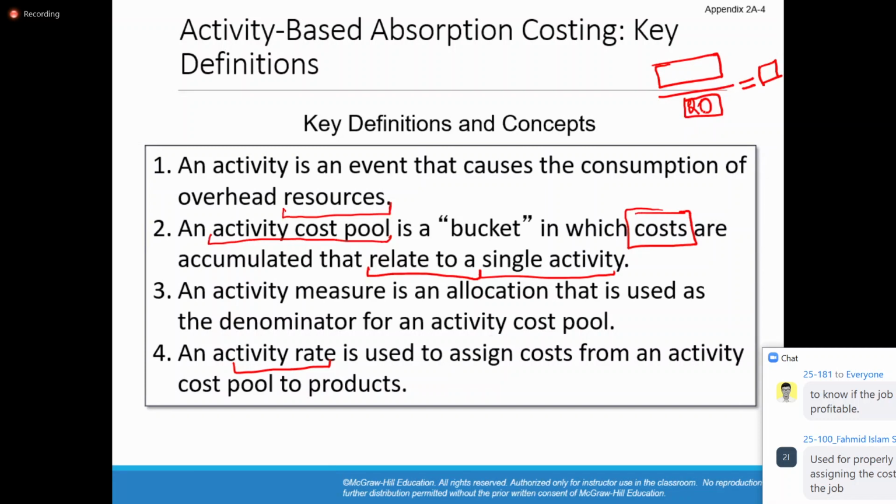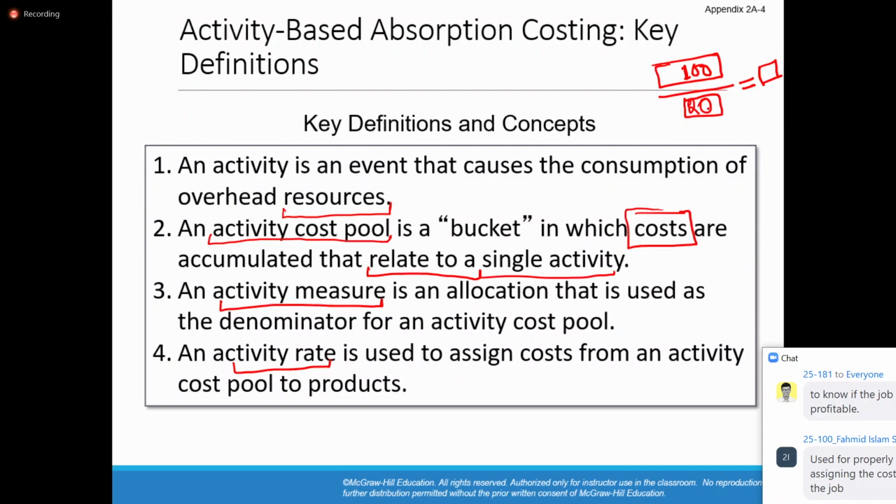It will be precise if we say the total activity cost for setting up a machine is, say, $100, and the activity measure, the number of setups required, is 20.